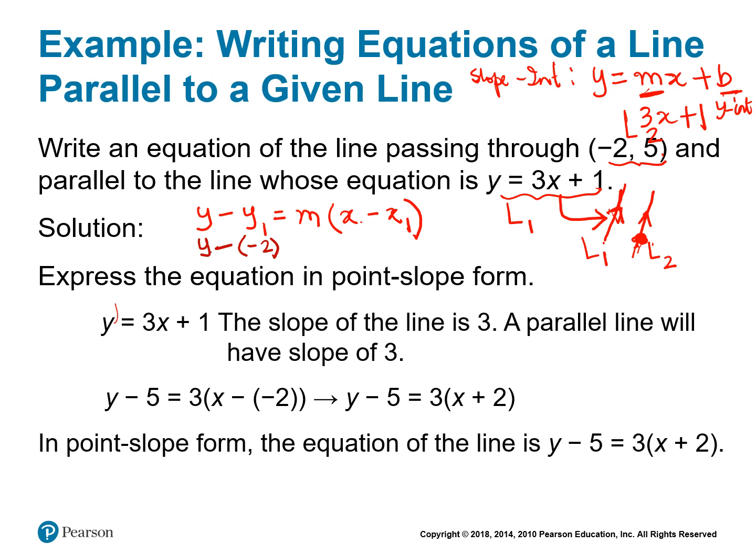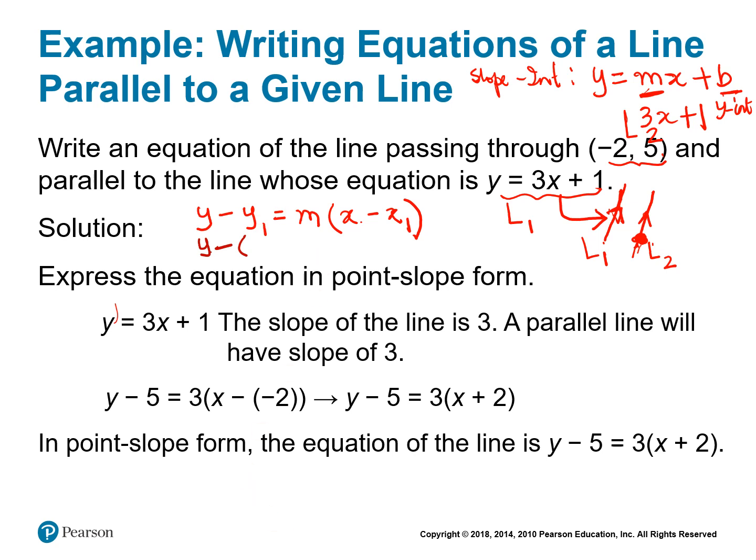So I'm going to correct myself. It's y minus, what is the y coordinate given to us? The y coordinate is 5, not minus 2. All right, be very careful about that. I just made a mistake here previously. So use 5 for y sub 1.